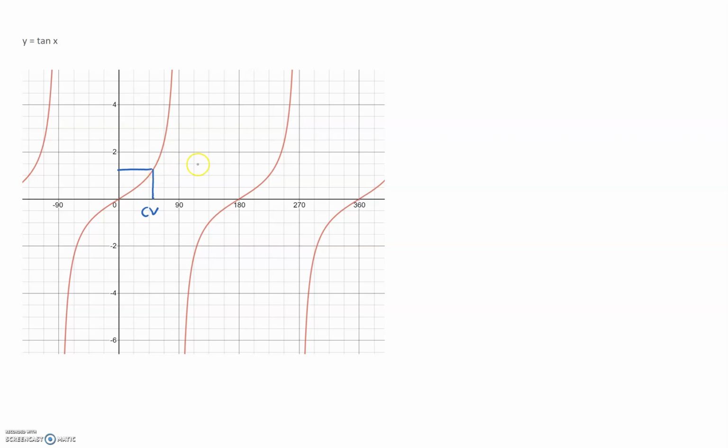So because of that repeating nature, the next solution is just going to be 180 degrees plus the calculator value. And this is going to keep happening every 180 degrees, and also back here there's another solution down there. That's minus 180 plus the calculator value. So the rule for tan: find the calculator value and then add or subtract multiples of 180.